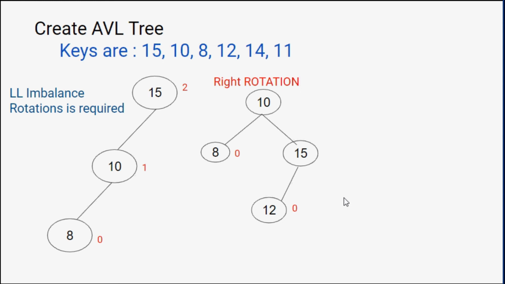Height of the right subtree of 15 is 0. So 1 minus 0 will give me 1. Now the height of the left subtree of 10 is 1, and the height of the right subtree of 10 is 2. So 1 minus 2 will give me minus 1. So all the values are between minus 1, 0 and 1. So this is perfectly fine. Till now my tree is an AVL tree.